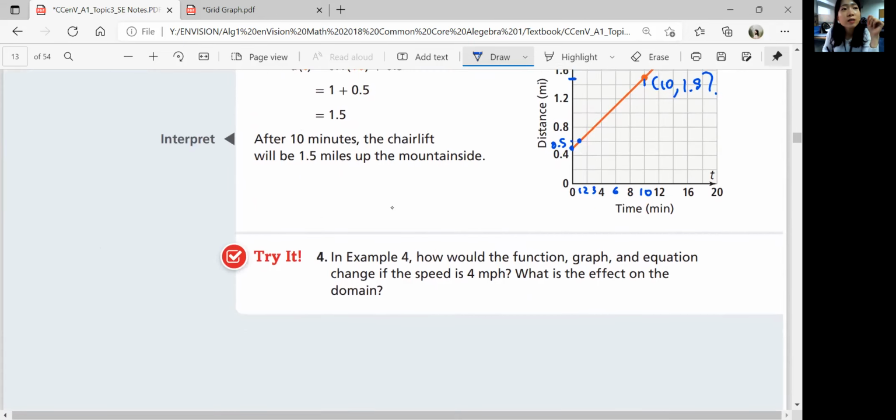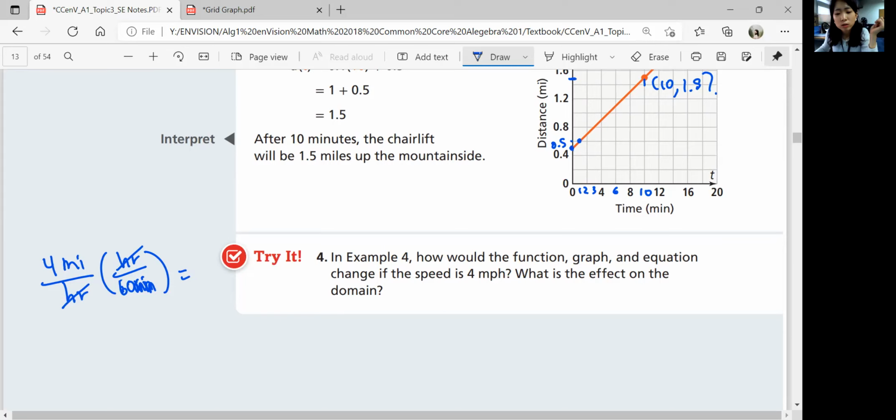Okay, so we have a new speed, 4 miles per hour. Converting that to minutes, we have 60 minutes in 1 hour. So we multiply by hour over 60 minutes so that we can get rid of these hours. And then we have 4 over 60 miles per minute.